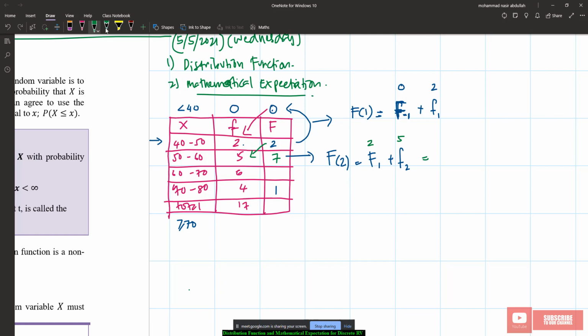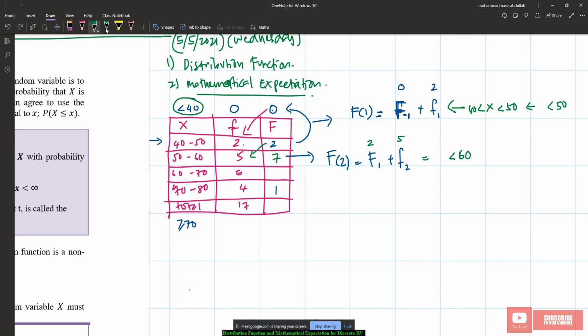The range here is between 40 to 50. Can you understand? Since we are using the less than method, if you still remember the less than ogive, we will put the notation here as less than 50. So the next one should be less than 60.